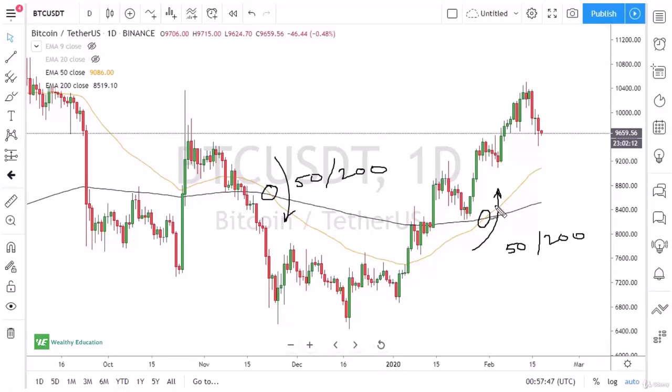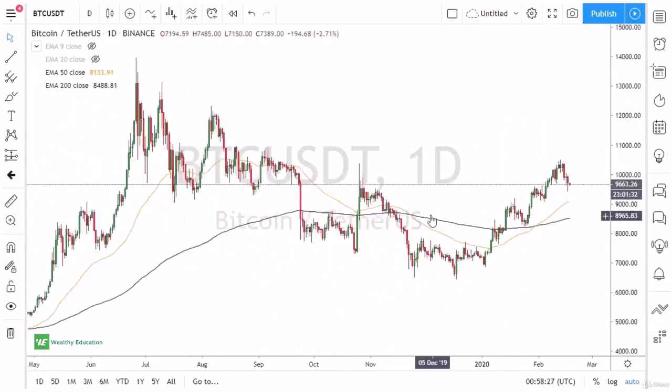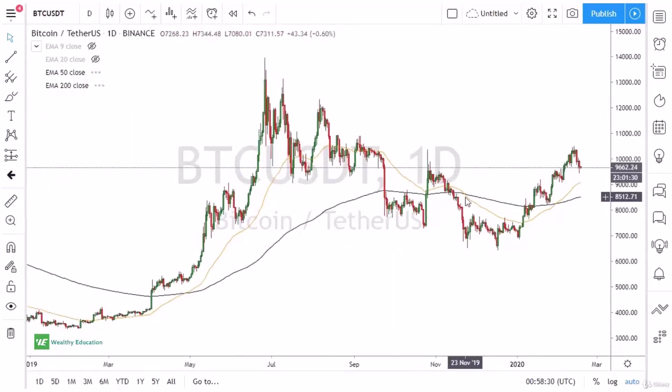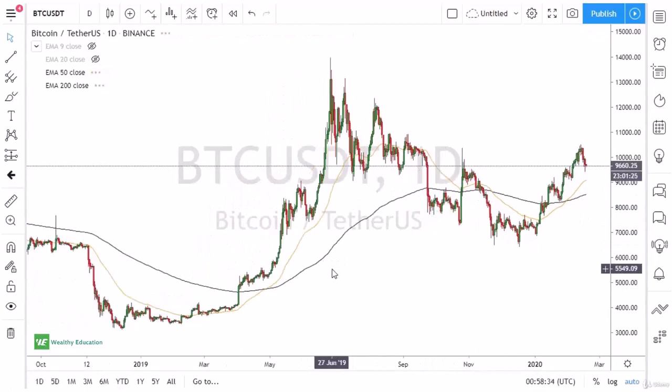The problem with this, of course, is that it is such a high time frame. They are such large numbers that, as you can see, you may get whipped around in this case, but when it does work, it tends to work for a very long period of time. You would have gotten in back here, and you wouldn't have gotten the exit signal until here.